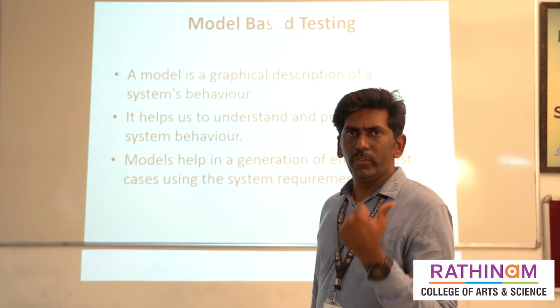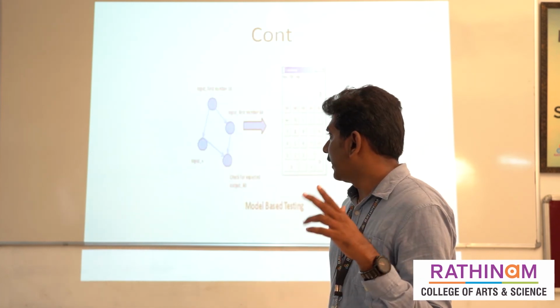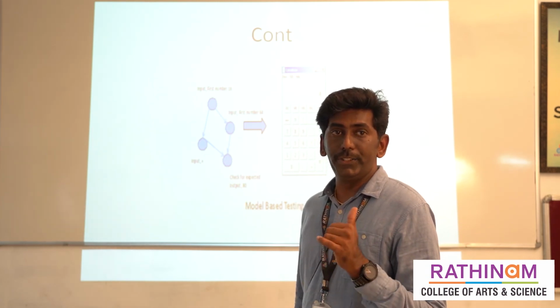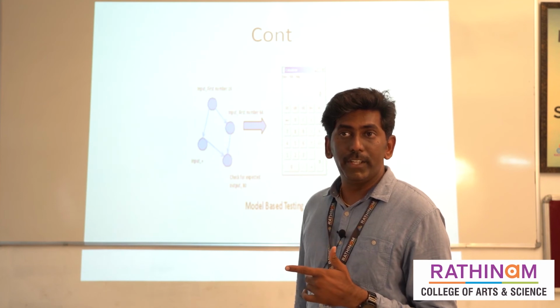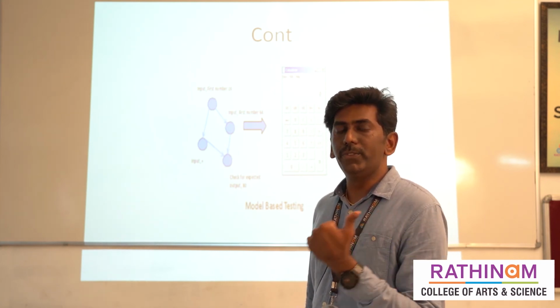Let me quickly recap today's session. Today we covered the GUI checklist: what GUI is, the techniques we use, and the need for GUI testing. GUI is graphical user interface.